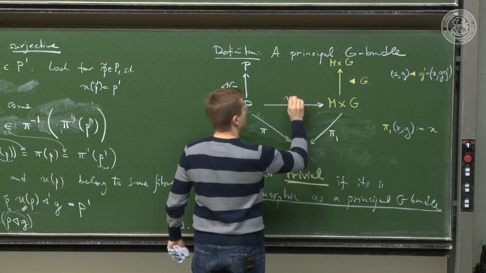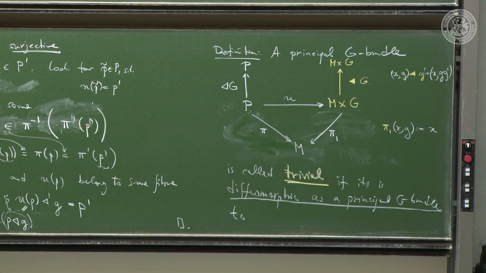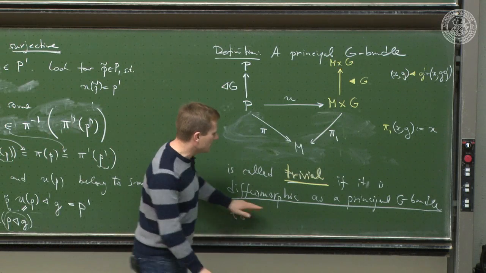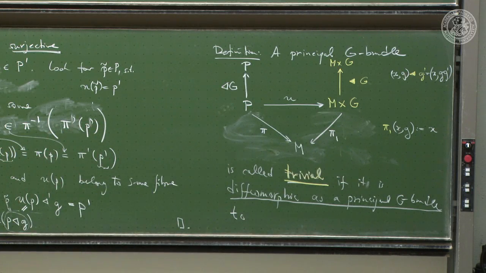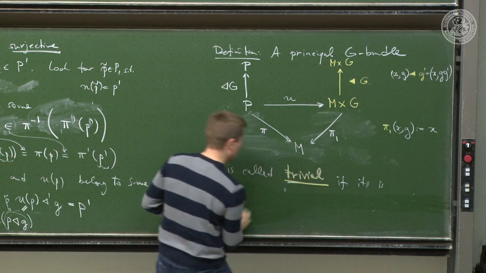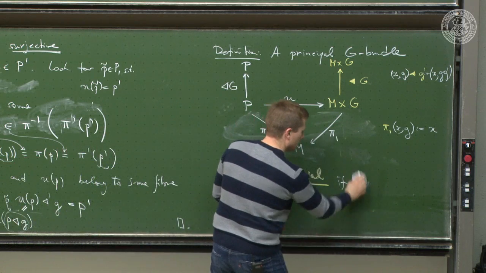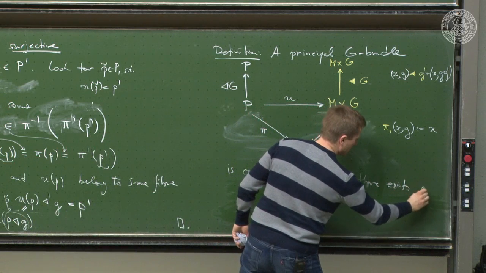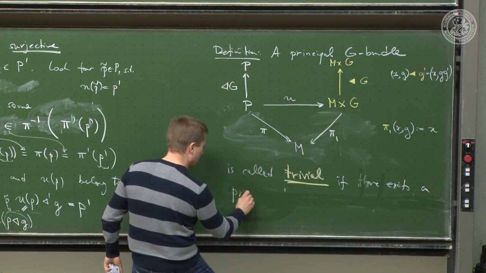If you have a map U that goes from there to there, if there is such a principal bundle map U, if it's diffeomorphic to a principal G bundle, but this is actually said too much because we already have the theorem, we should say it's trivial if there exists a principal bundle map U.